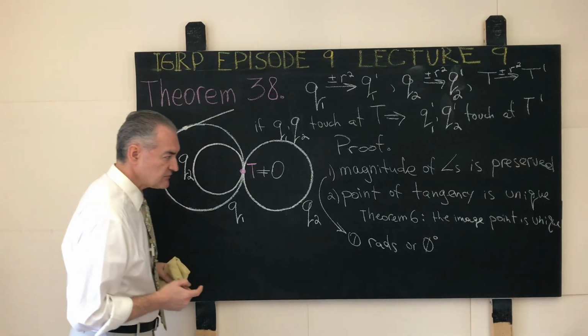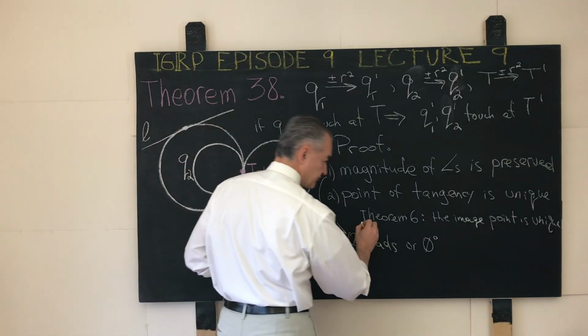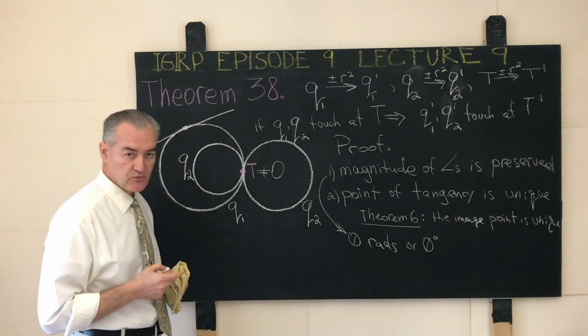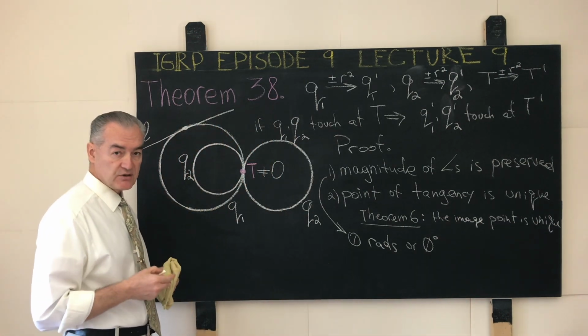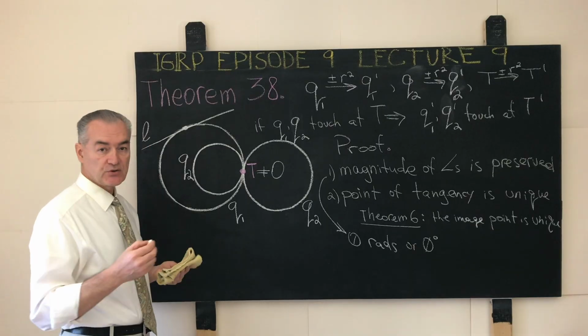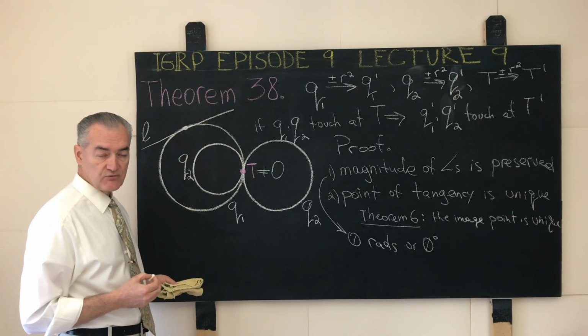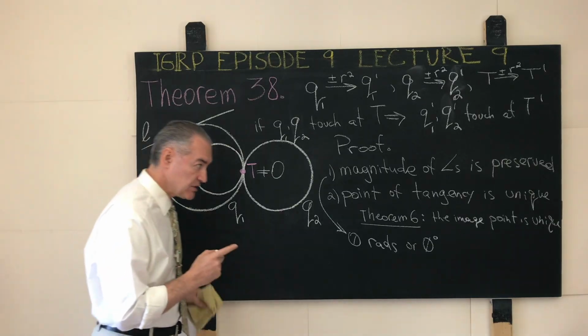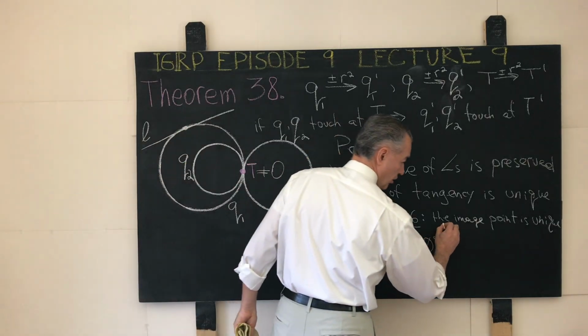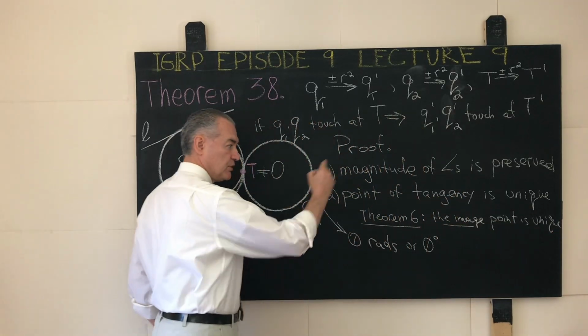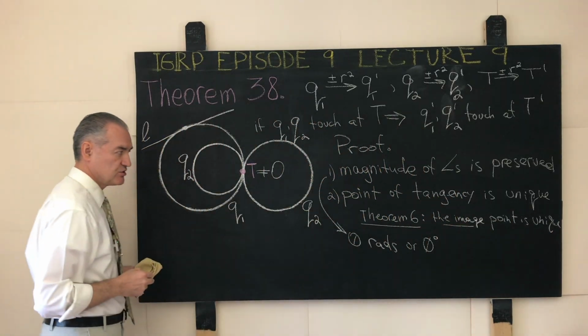But recall that in theorem number 6, we proved that the image of a given point under the inversion of the real plane with respect to a circle, be the power of that inversion positive or negative, is unique. There is only one point that is produced by such an inversion.